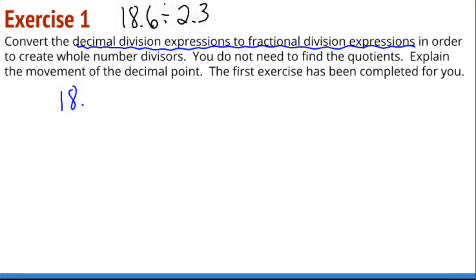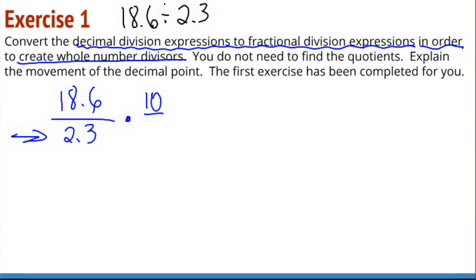So 18 and 6/10 divided by 2 and 3/10. And I need to then create whole number divisors. I need this number here to become a whole number divisor. So I'm going to multiply by 10/10, which will give me 186 divided by 23.